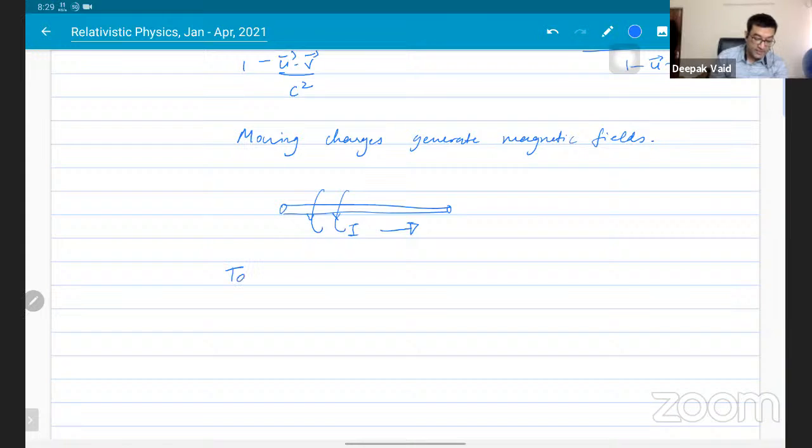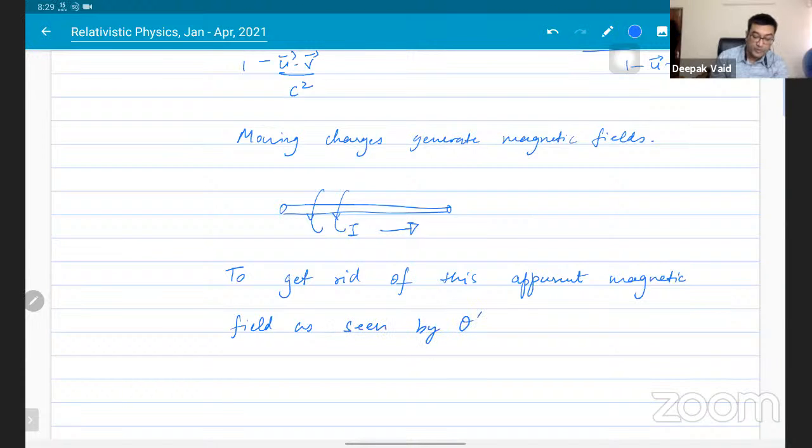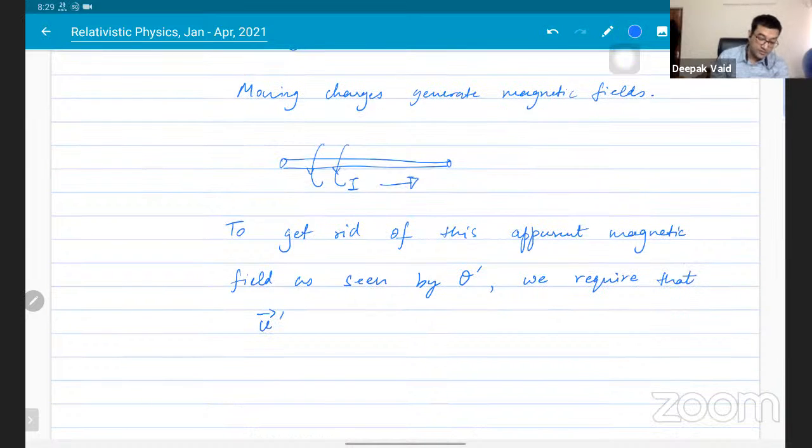So what we say is that to get rid of this apparent magnetic field as seen by O prime, we require that u prime is equal to 0.